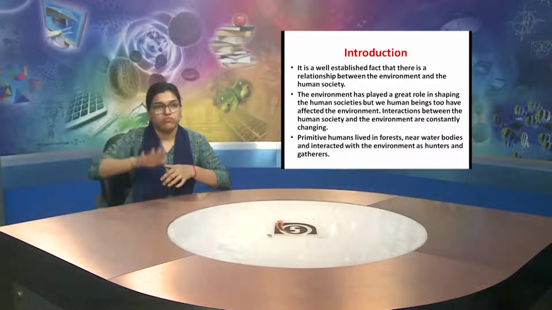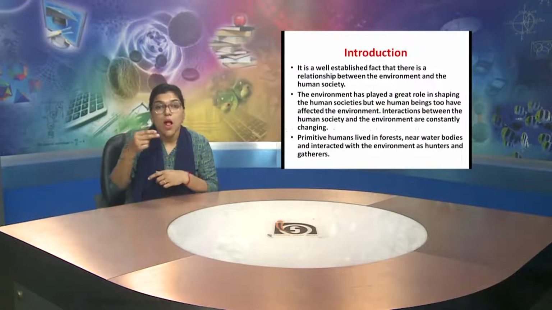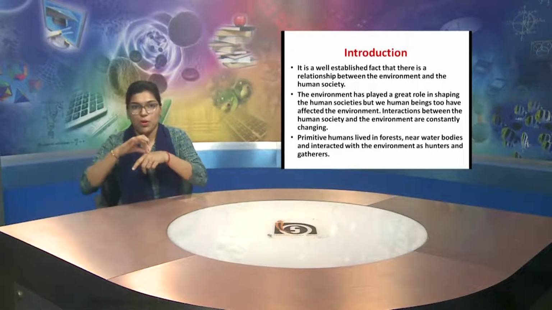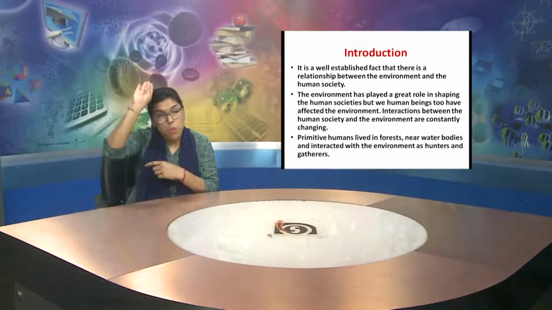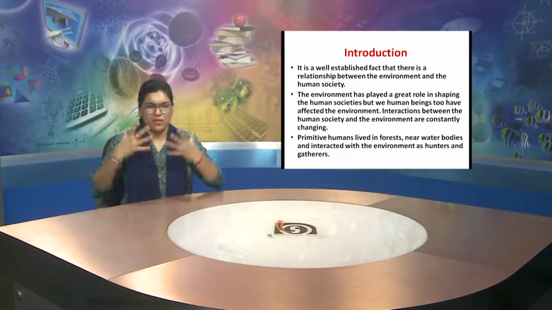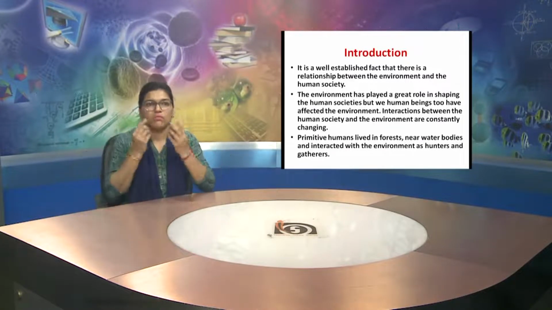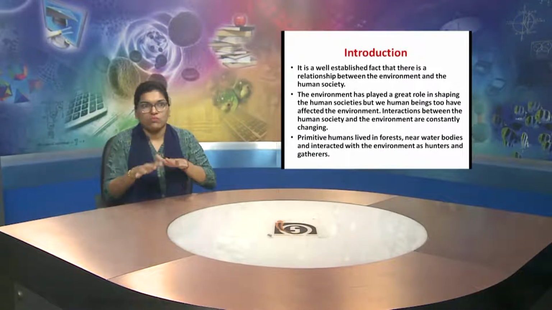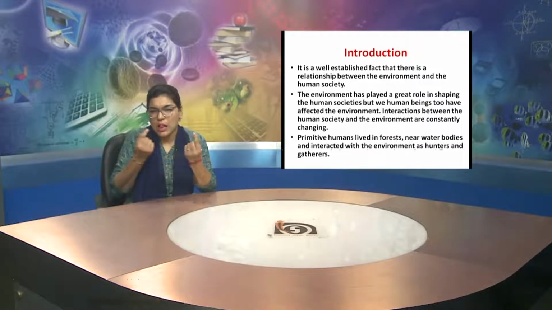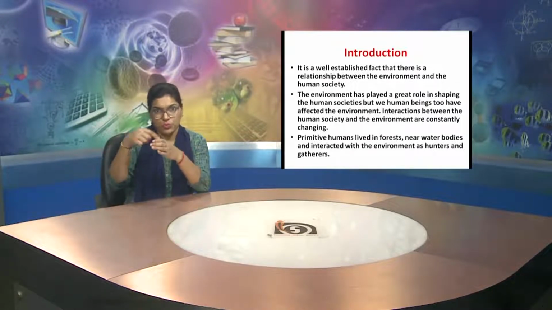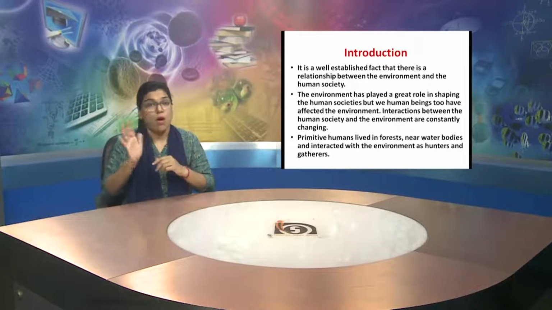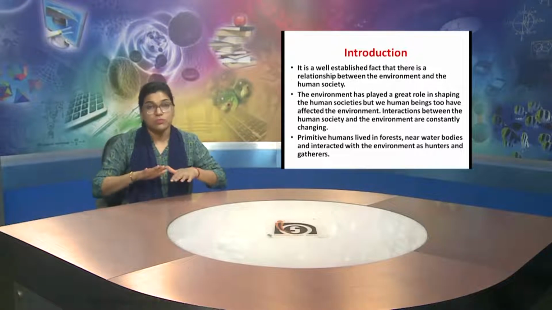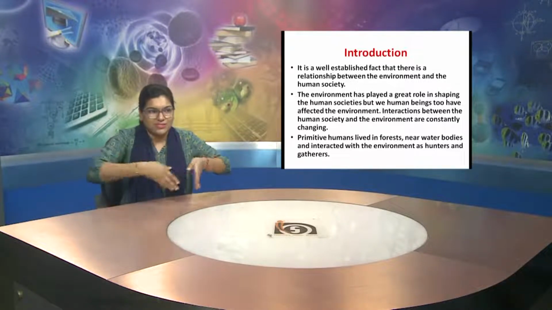During earlier days, the primitive humans lived in forests. And at that time, as we all know, the humans had a different physical structure which was completely different from modern day humans.